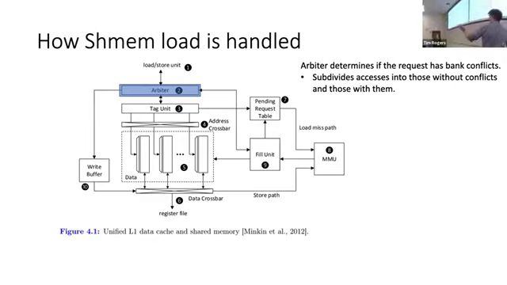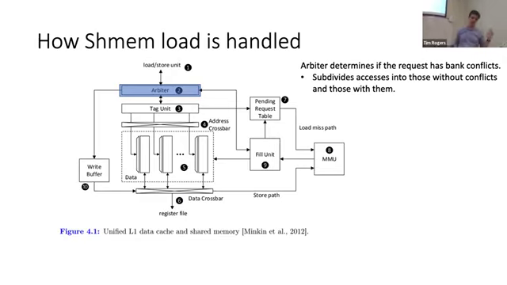You can tell this just from the addresses across all 32 of the threads, which are going to be in the pipeline register that you pass down. And then it's going to schedule those. It's going to say, I have 7 conflict free that I can send this cycle. That leaves me 15 that I need to send in another cycle, or whatever. Okay. The arbiter is taking those addresses and determining what bank conflicts exist, and subdividing them into those that can proceed and those that can't.